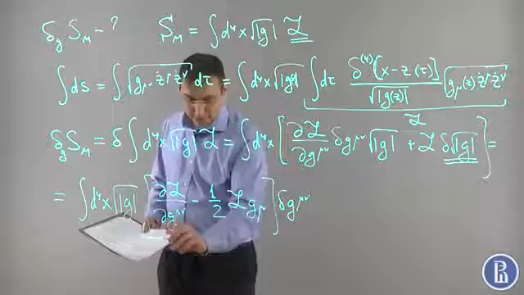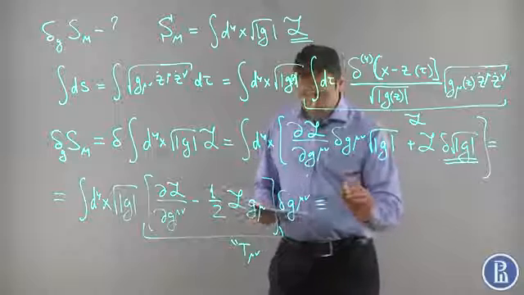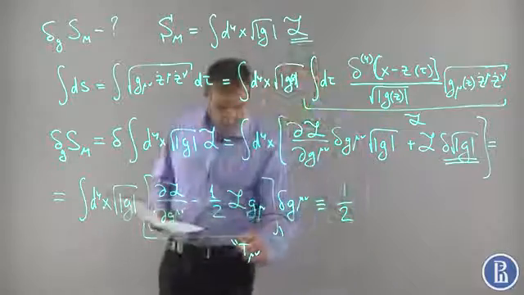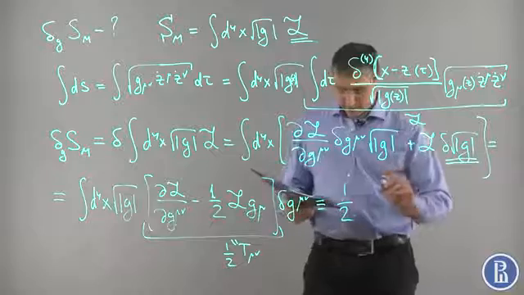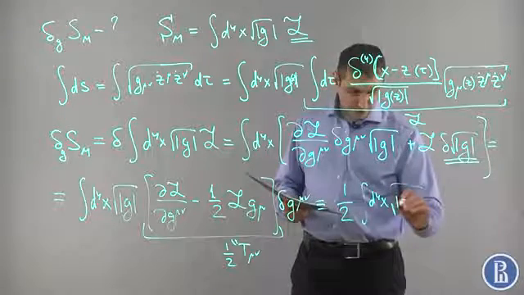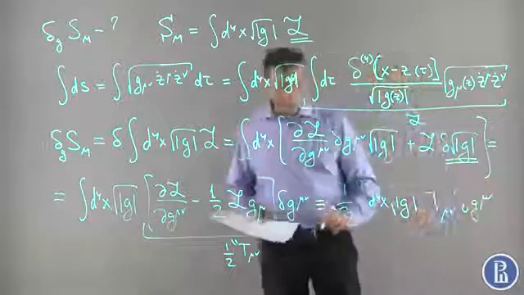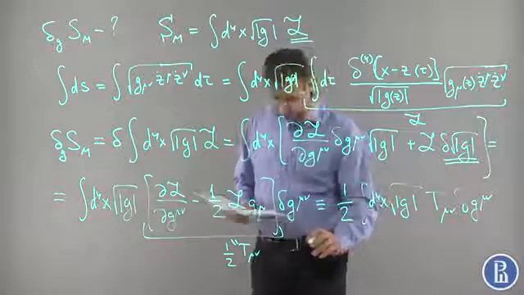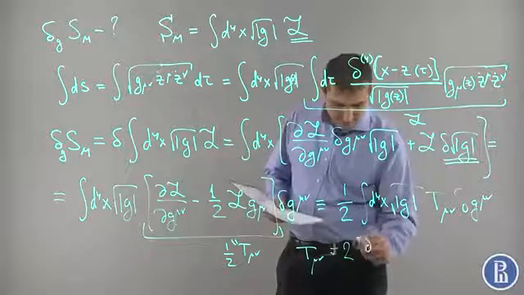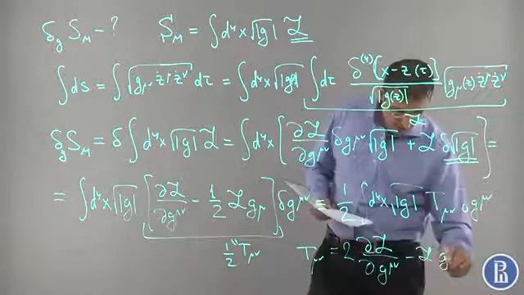We will denote this quantity as T mu nu. By definition, the variation is equal to 1/2 integral over d4x square root of modulus of g T mu nu delta g mu nu, where T mu nu is equal to 2 dL over dg mu nu minus L g mu nu.